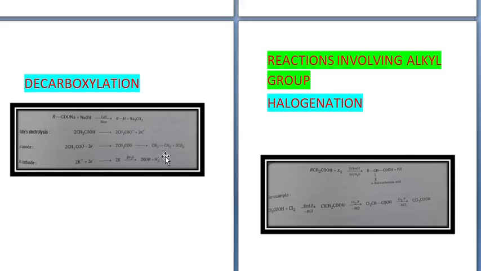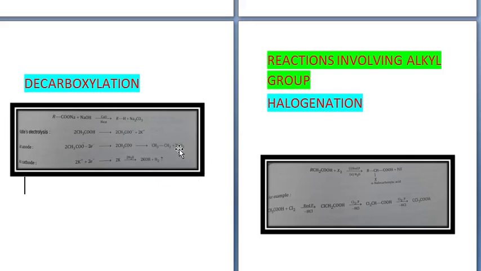And at cathode, the two potassium ions accept the 2 electrons which are released and they form 2K, which on reacting with 2 molecules of water gives 2KOH plus H2. So that is Kolbe's electrolysis, and alkane is formed at anode.